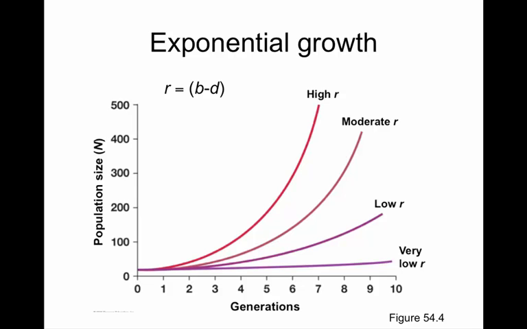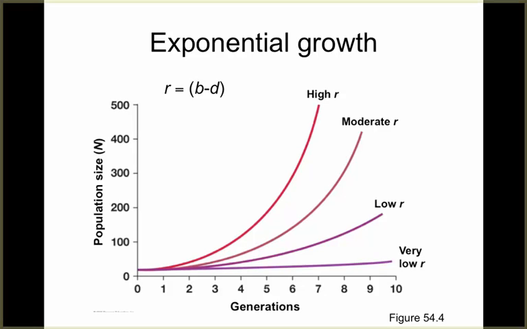So let's consider what this means then. Again, just to remind you of what the formula is for r, the per capita rate of increase. We're looking now at figure 54-4 from your textbook. The y-axis is population size, or big N. This is a linear graph here, so the x-axis is time, shown as generations.